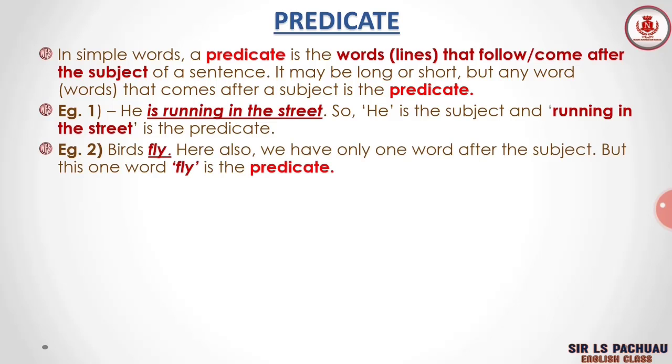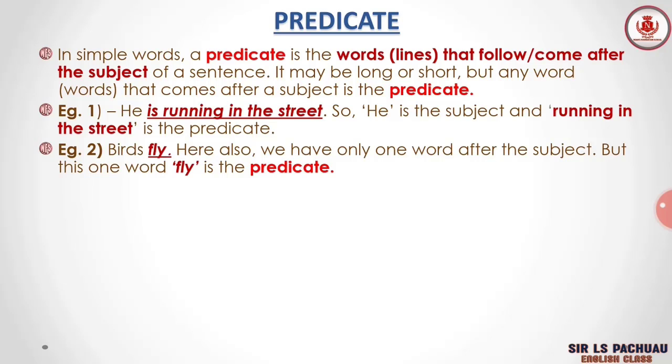And example number 2 here, we have only 2 words. Birds fly. Birds is the subject here, and fly is the following word. Here we have only 1 word after the subject, but this 1 word fly is the predicate. It's only 1 word, but it's still a predicate because it comes after the subject. And in example number 1, he is running in the street.